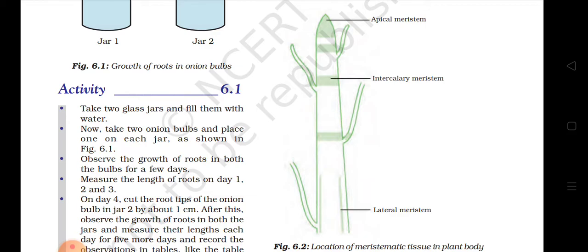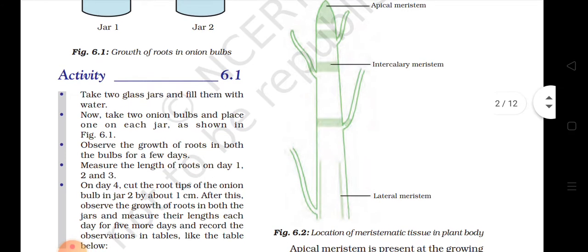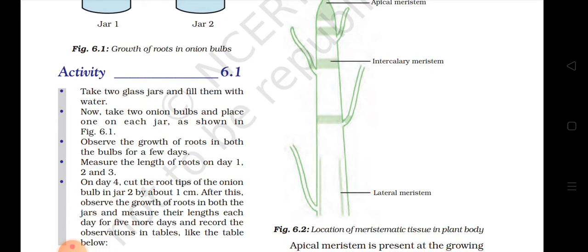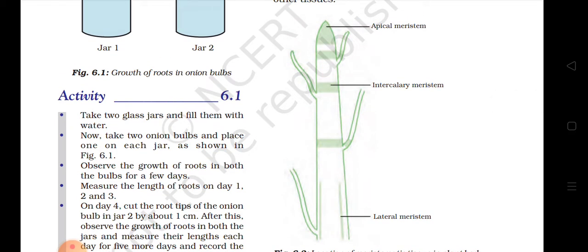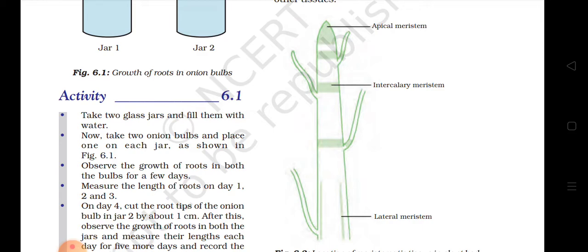Next, intercalary is found between the two internodes, and as the name says, lateral meristematic tissue helps in the growth of the width of the plant. This is known as lateral meristematic tissue, width or the girth of the plant. Okay. Now, apical meristematic tissues are mainly found in the root and shoot tip of the plant, root as well as the shoot tip of the plants.